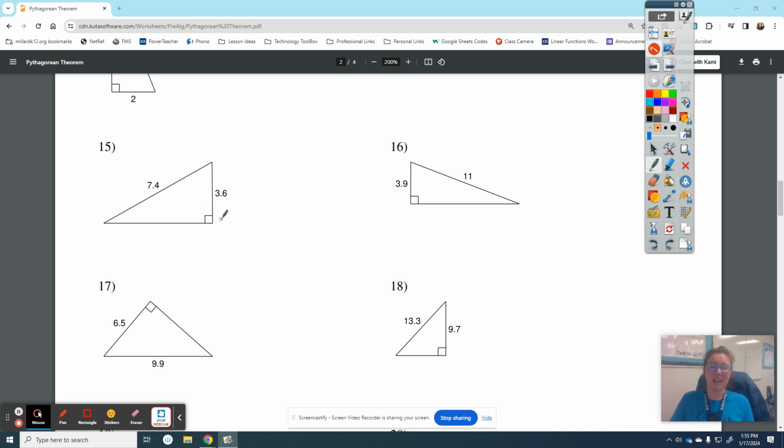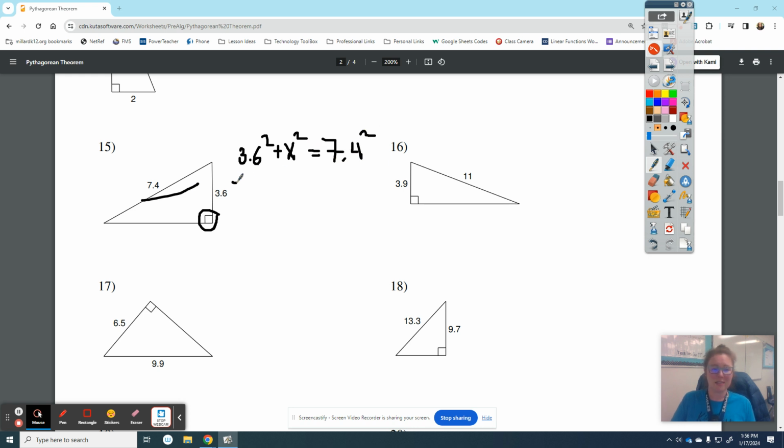These are slightly different because it does not show us the two numbers that are next to the 90-degree angle. So I have 3.6 squared plus I don't know what squared, and that equals our hypotenuse, 7.4 squared.